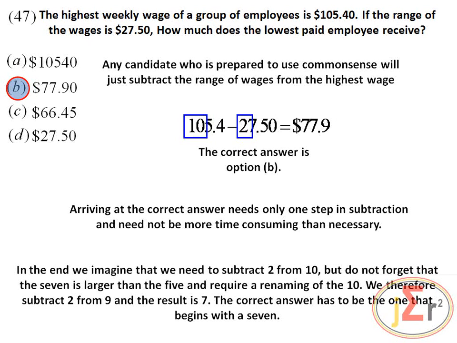If we can use our common sense and make a single subtraction, then we may be able to identify, because identifying an answer is different from arriving at the answer. So we may be able to identify the answer without actually arriving at it, and we may do that with just one single step of subtraction.